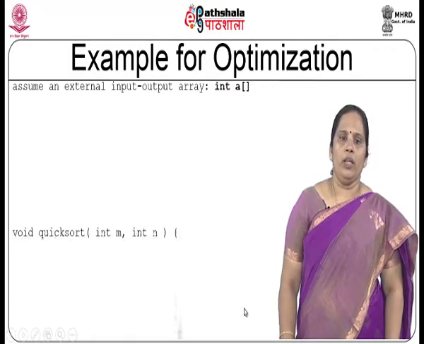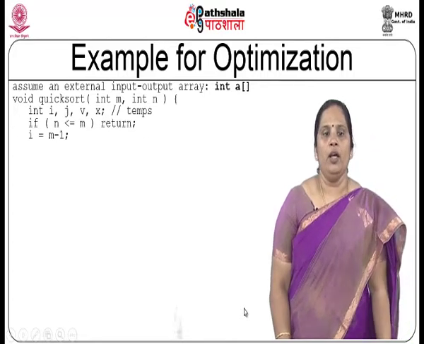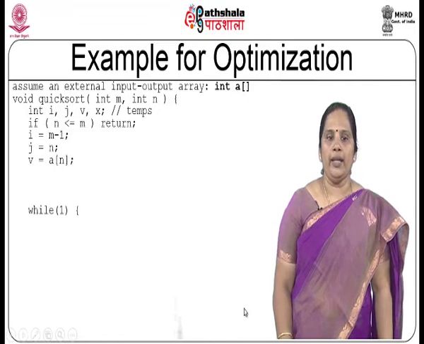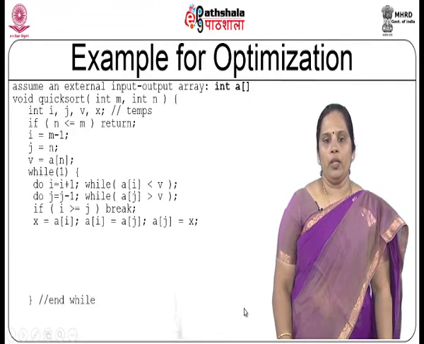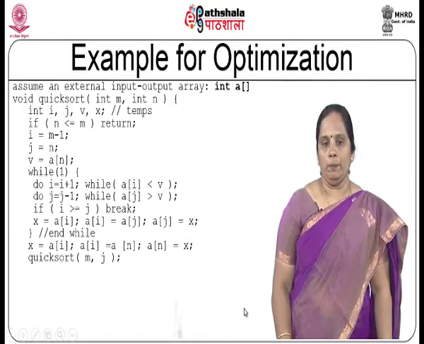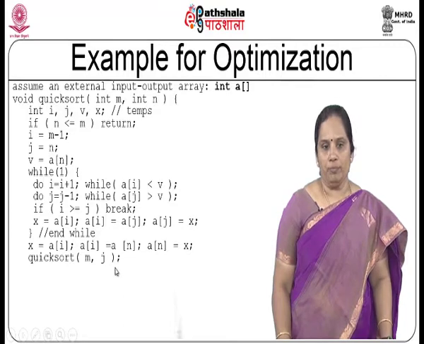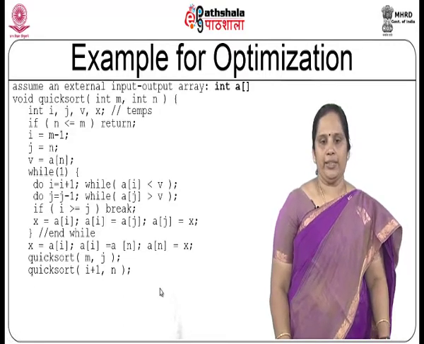Now, we will consider this example, where we will be looking at the quicksort program, convert this to a basic block and a control flow graph. It is a recursive procedure, and then we apply all our optimization techniques here.